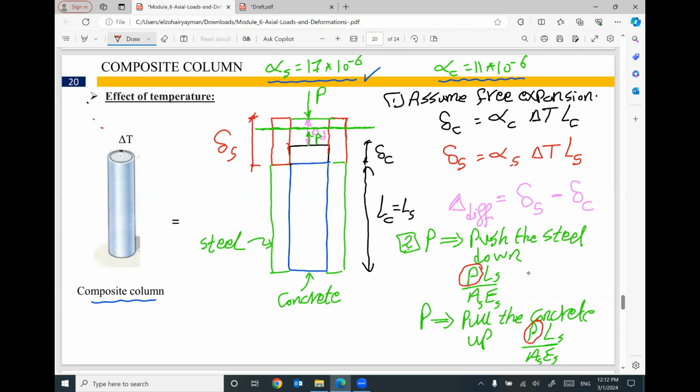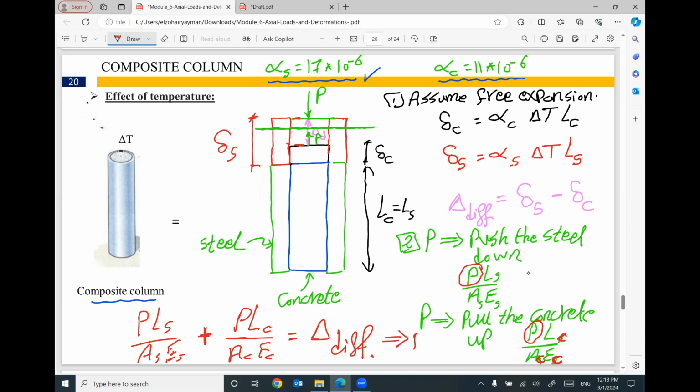So the amount that steel will push down and the amount that concrete will pull up, if you add them together, P L steel over A steel E steel, plus P L concrete over A concrete E concrete, must equal the original difference between the two levels, concrete and steel, which is delta difference. From this equation, I can find out the force P.